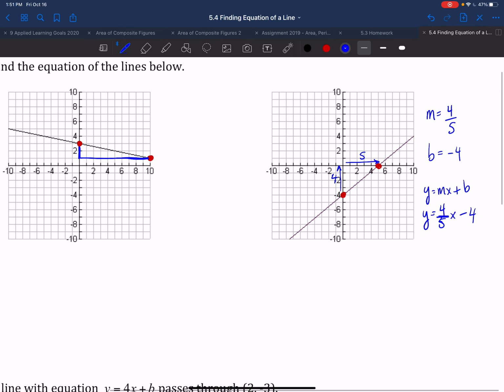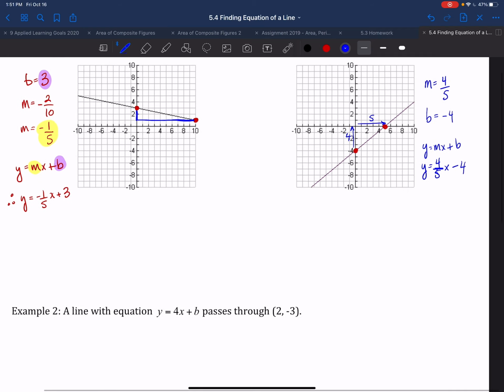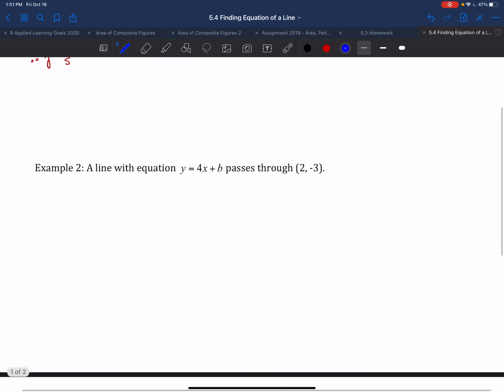But now what happens if we don't have a graph? We have a description. So I have a line whose equation starts y equals 4x plus b, and it passes through the point 2, negative 3. So whatever this line looks like, I know it passes through the point 2, negative 3.